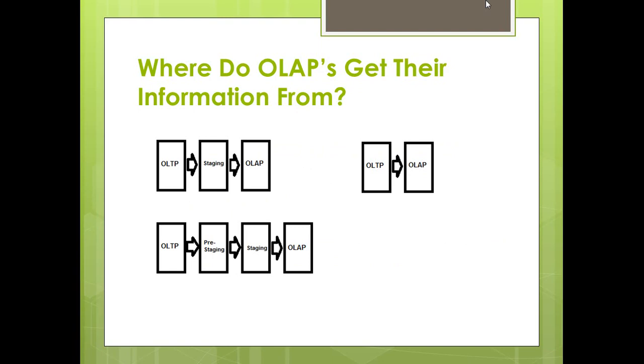So an OLAP has its information loaded directly from an OLTP via extract, transformation, and load principles. So the data from the OLTP is converted into a more historically appropriate format and put in the OLAP.